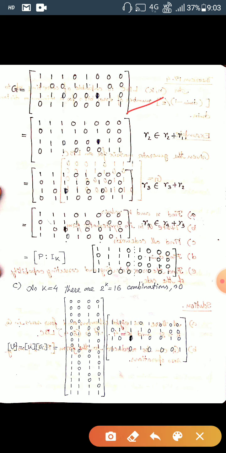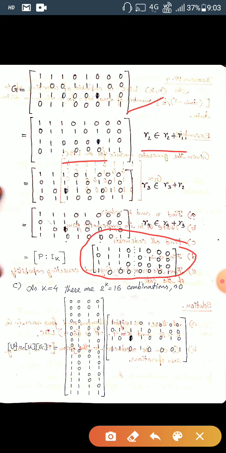G is initially given to you, so if you arrange it in this form, the result will become, and after following the steps one by one, the final value of G in systematic form will become as such. This is G in systematic form.